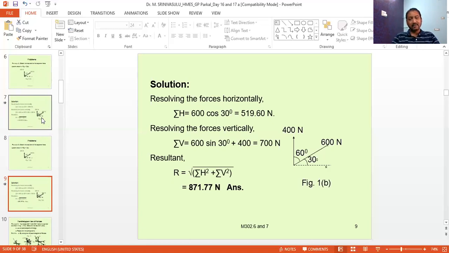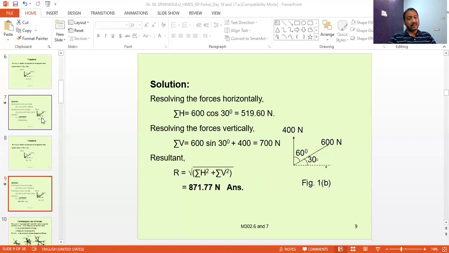Sigma h is equal to 600 into cos 30, because it is acting in the first quadrant, so it is positive, and the other force is a vertical force, so it will not have a horizontal component. Therefore sigma h is equal to 600 into 0.8660, that becomes 519.60 newtons.